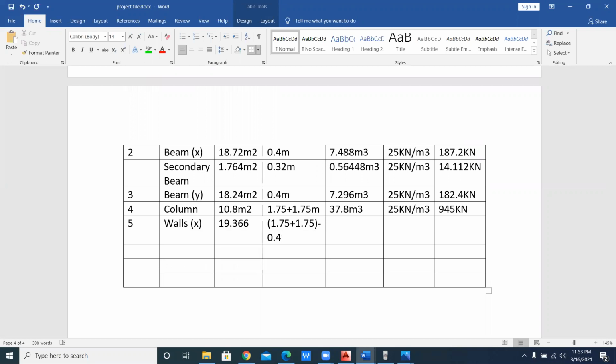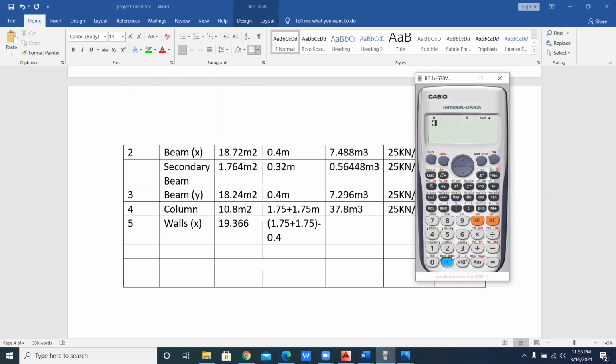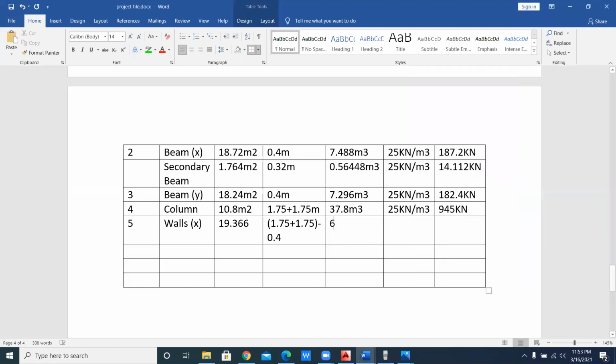So how much you get from it? You will get easily 3.5 minus 0.4, that is 3.1 multiplied by 19.366. Okay, so that is 60.0346, this one, and this one is also meter square.